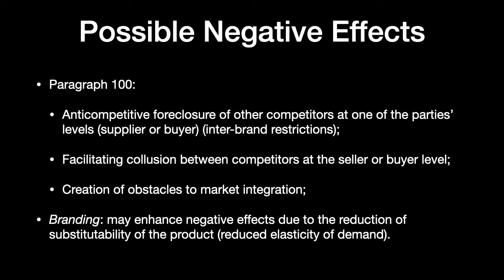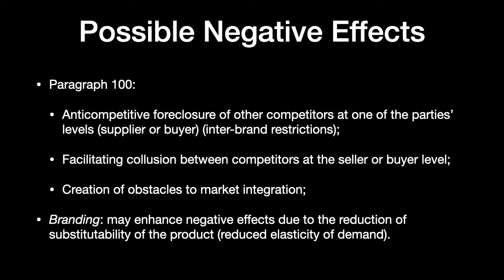So this could be either at the level of the supplier or the buyer. These risks of foreclosure naturally call into question inter-brand restrictions, that is to say, restrictions between different brands either of suppliers or different brands of, say, chains of distribution in the case of buyers.